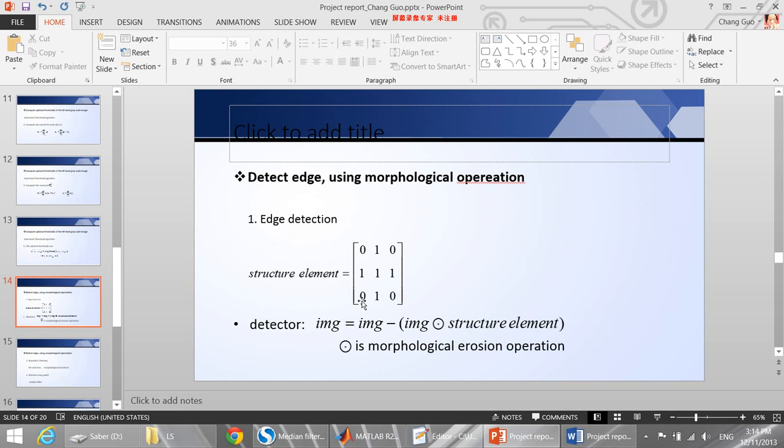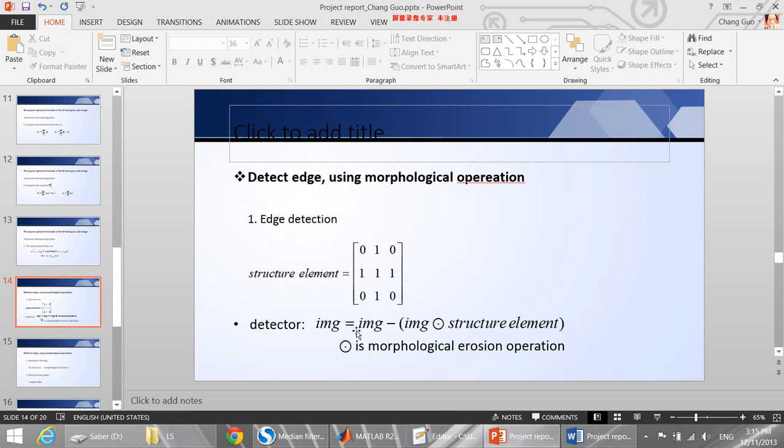And this is the detector. We use the simple standard definition of all the morphological operators. To detect the edge, we use the morphological operation of erosion. The set difference between the original object and the eroded object produces a contour that straddles the inside of the contour of the original object.